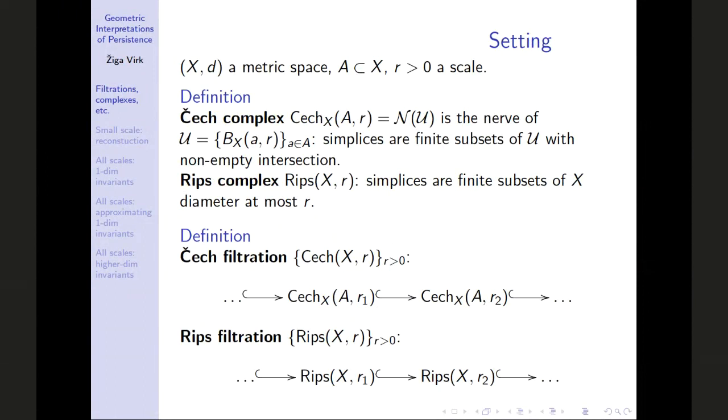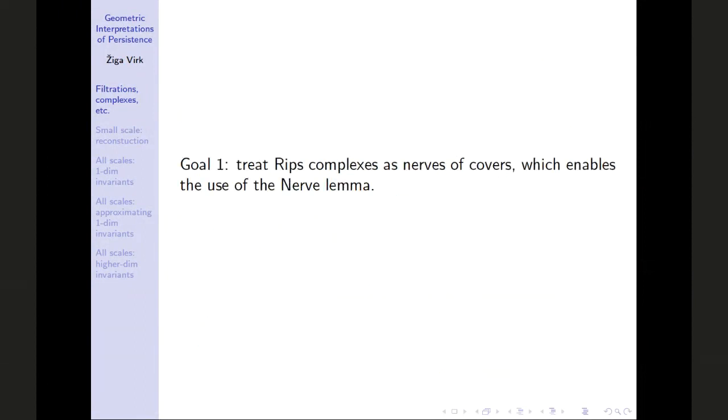On the other hand, the Rips complexes are not really nerves, but their definition makes them really easy to use in, let's say, coding. So our first goal will be to try to treat Rips complexes as nerves of covers, which will enable the use of the nerve lemma. Essentially, we'll construct a cover whose nerve is homotopy equivalent to a Rips complex.